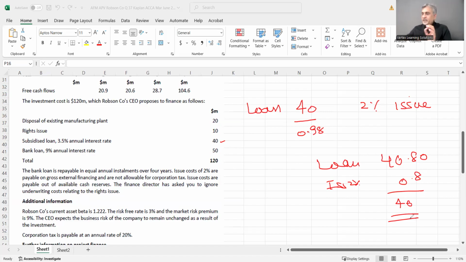So this is one thing which you have to be careful about. In most cases, they would say that there is a 2% issue cost, and they will not tell you that you have to pay it from your external reserves. So in most cases, they say issue costs are 2% payable on gross financing. That's all, for example. So then I need to see how much loan I have to take. Say I need a $1,000 loan.